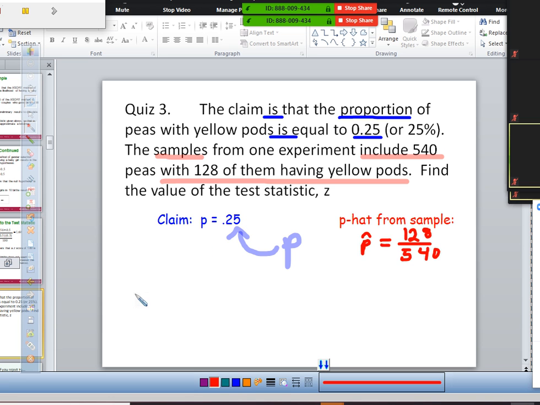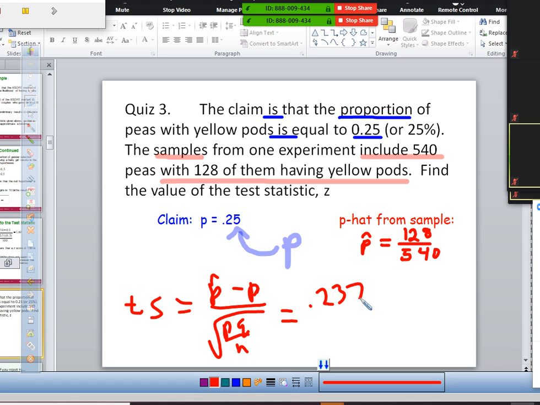So here we're going to have our test stat. Test stat is going to be the same as our z-score. So how do you find a z-score? P hat minus P over square root of P Q over N. So this was 0.237, and give me 3 sig figs here, guys. 0.237 minus 0.25 over square root of 0.25.